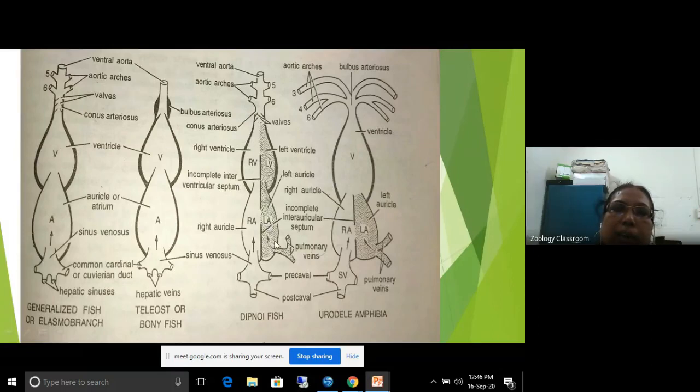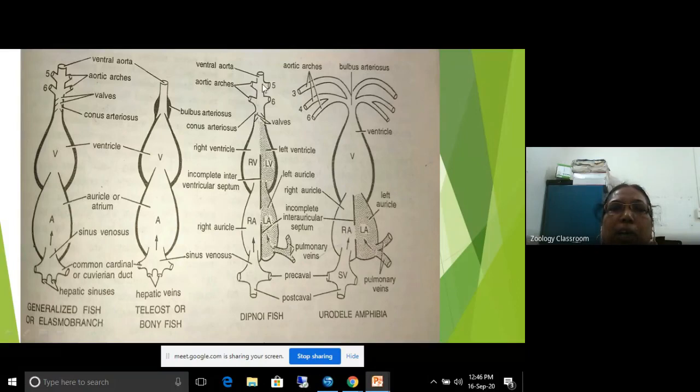This side there is pure blood, and this side there is impure blood. In between the auricles there is an auricular septum, but it is not complete. There is a hole, the foramen ovale. Due to this, there is a mixed blood supply. In the ventricle also, the interventricular septum is incomplete.